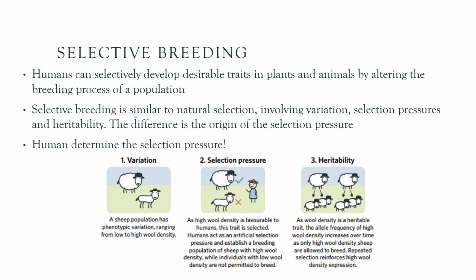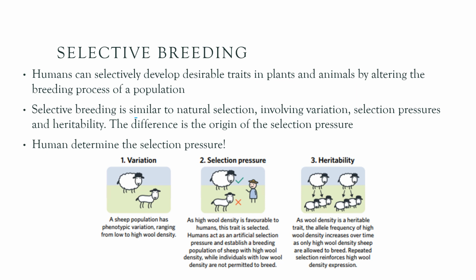So selective breeding is similar to natural selection, but the difference is that the selection pressure is unnatural. So it's human intervention that is causing these populations to have specific alleles.